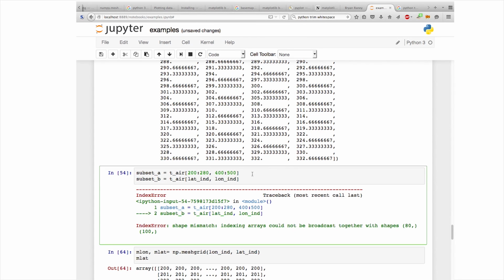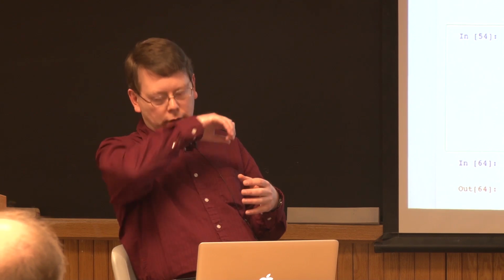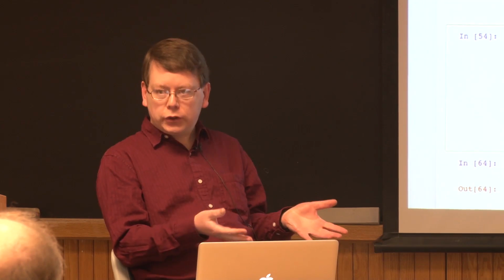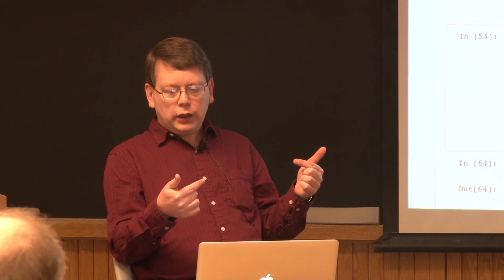But the problem is writing numbers with a colon in it is different from inputting an array. It's treated differently by Python and also NumPy. So when you give it arrays instead of ranges, it treats those as, this is the list of things I want to pull out.